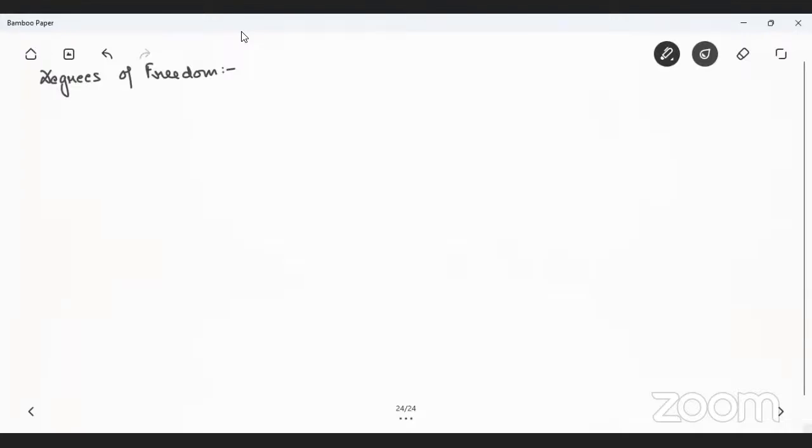So what is this degree of freedom? Does anyone have any idea? The same thing you will be learning in the physics class also.